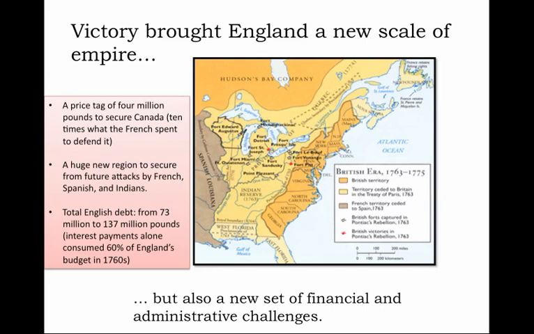The interest payments alone on these loans consumed 60% of England's budget by the 1760s. So yes, imperial victory, but dramatic new burdens, financial and otherwise, on the island nation of England to maintain and secure what it had won through war from the French.